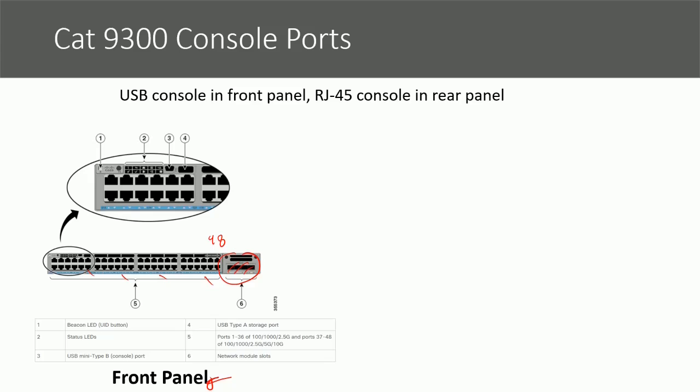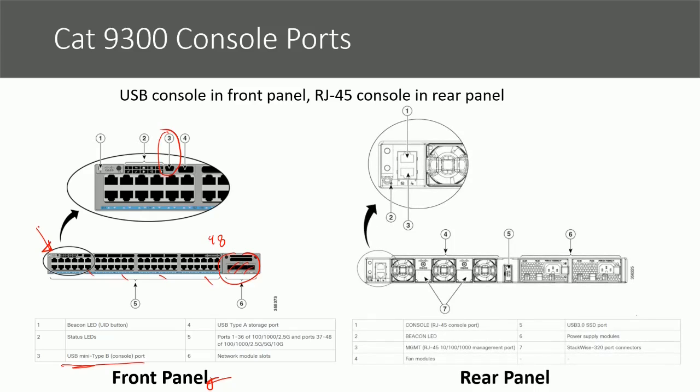Now when it comes to console ports, we have the USB mini console in the front panel and it is located here, but the RJ45 console and Ethernet out-of-band management are not located in the front panel, and there is not enough space to have them on this side. That's why Cisco shifted these ports into the rear panel. So if you look here beside the fans, these are the fans, you will see these ports located here.